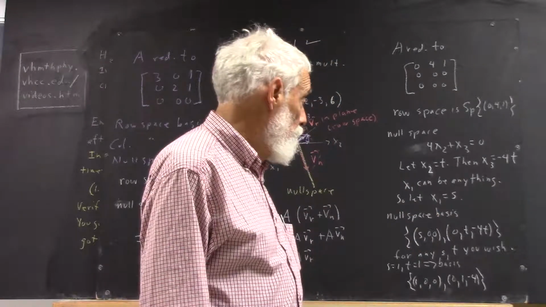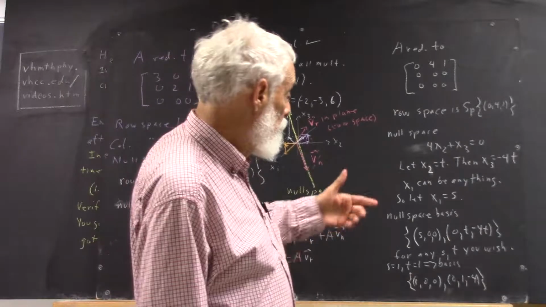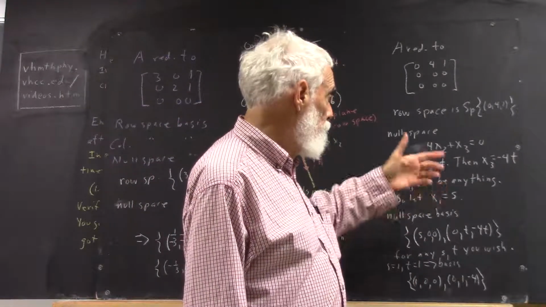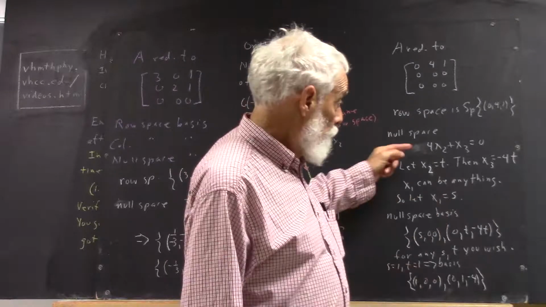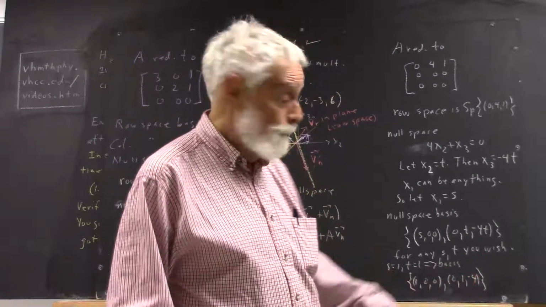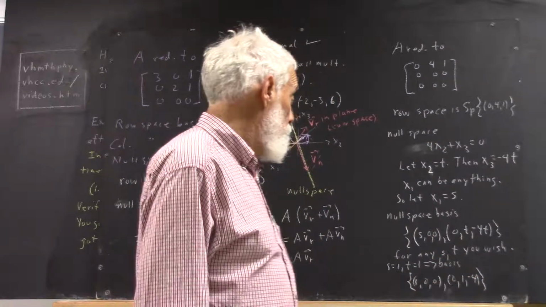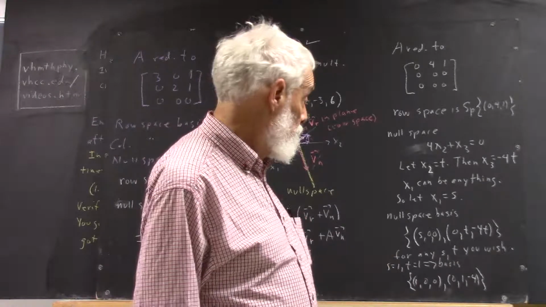Perfectly valid situation. x1 equal to s, x2 equal to 0, x3 equal to 0. Well, that certainly satisfies this equation, right? So that's a valid vector in the null space.